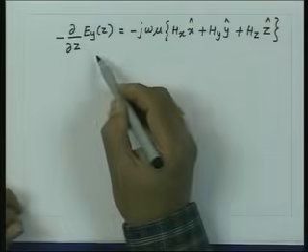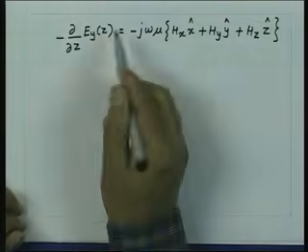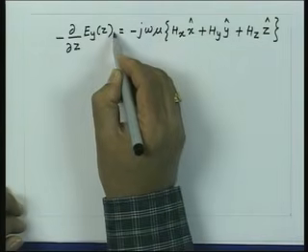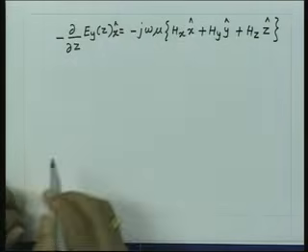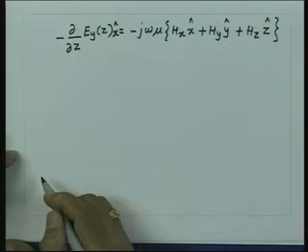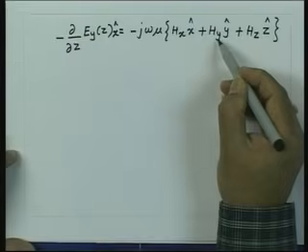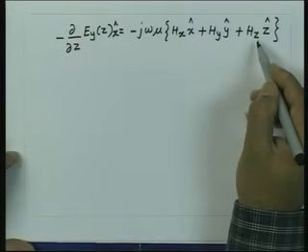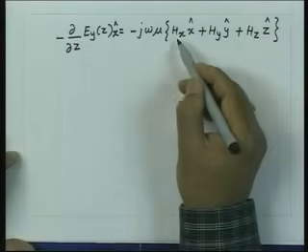Again what we will see here is that this component is now the x component. So, this is x. So, I have hy is equal to 0, hz is equal to 0 and I have only the x component.